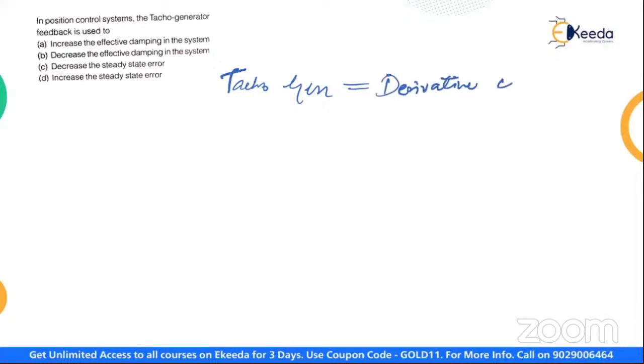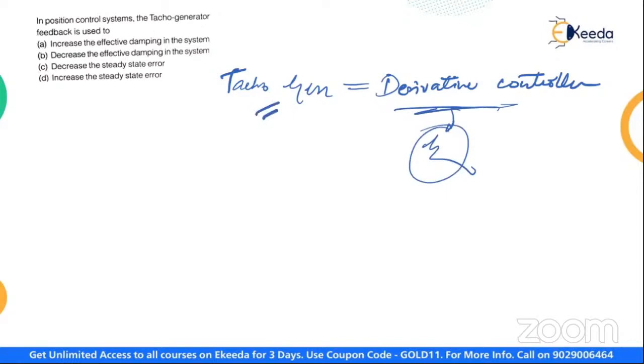Correct? It is a derivative controller. Now, the moment I say it is a derivative controller, it is used mainly for transient parameters. So in transient parameters, the first parameter is zeta, because we are talking about tacho generator. So first we need damping. Damping is our point of interest, correct?